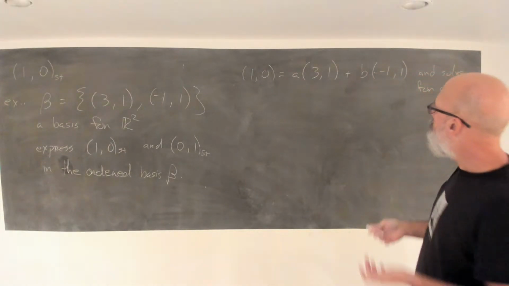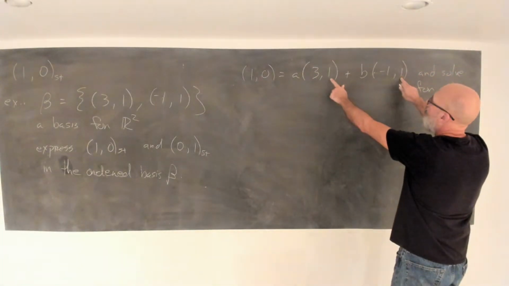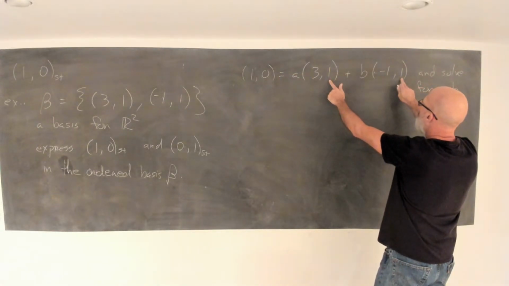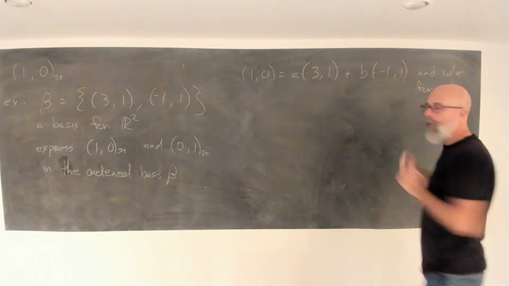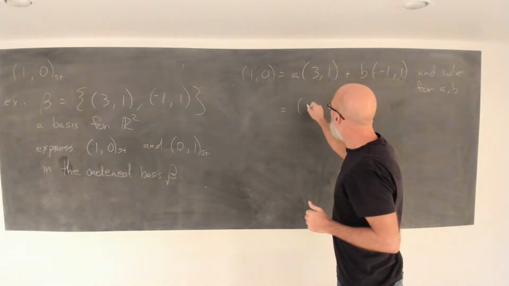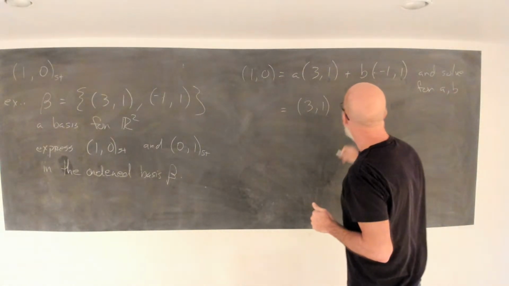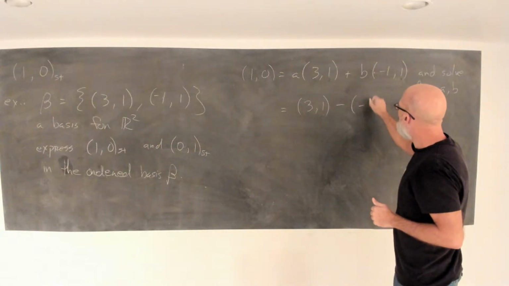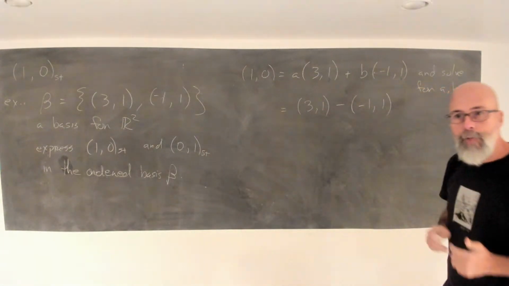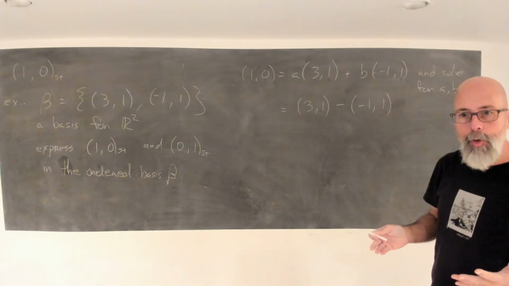Let's cheat here and observe. What do you want to do? You want to get rid of this second component. So if you do (3, 1) minus (-1, 1), the second component becomes a 0. Is it what we want?